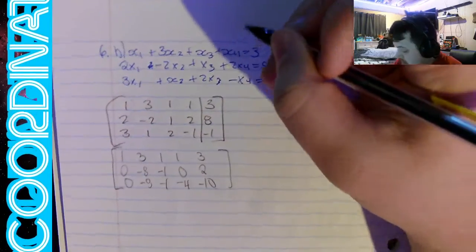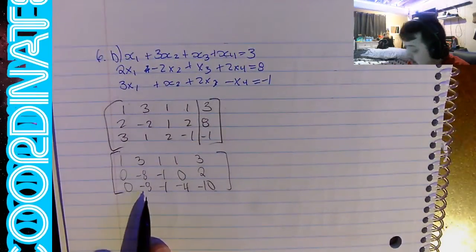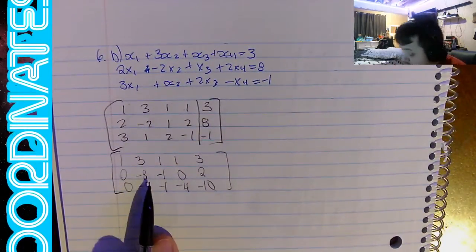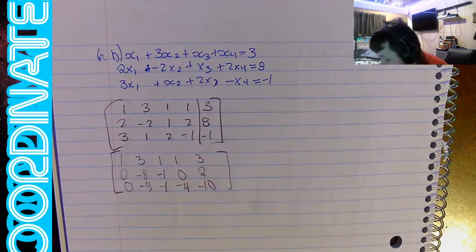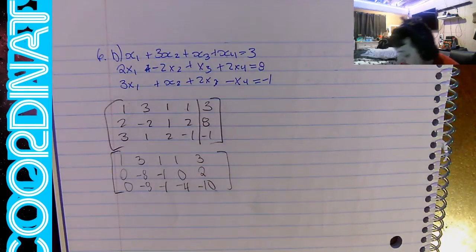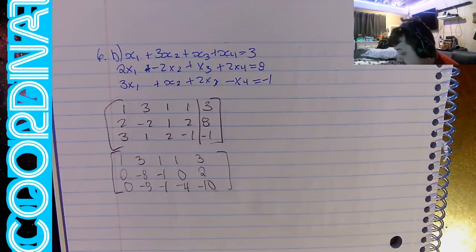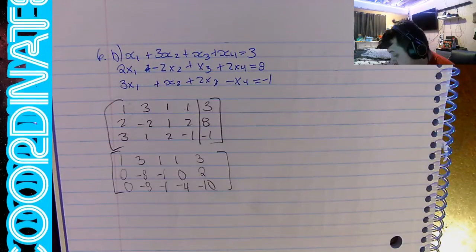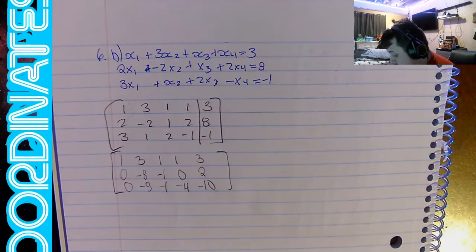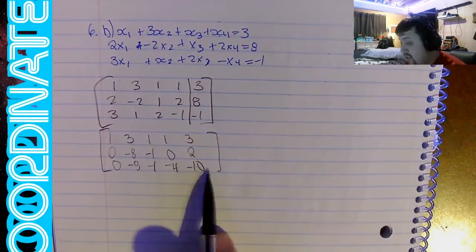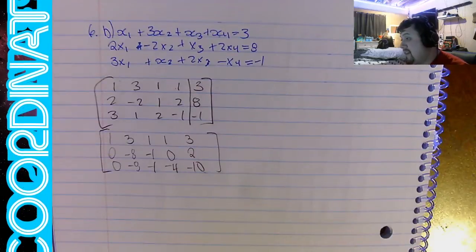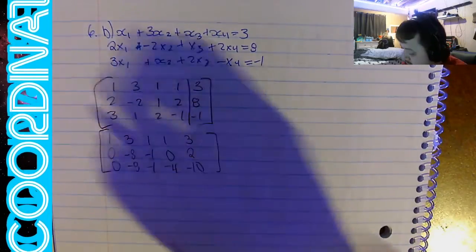Okay. Now we have two lines here, all with negative 8 in the front. These are the same lines, and if I divide by negative 8, then I'm going to get 1 over 8, negative 8.